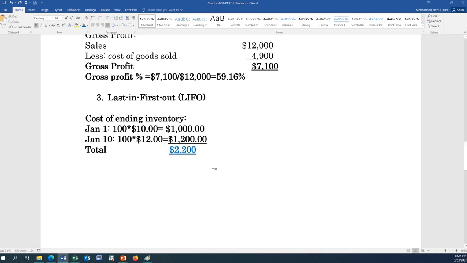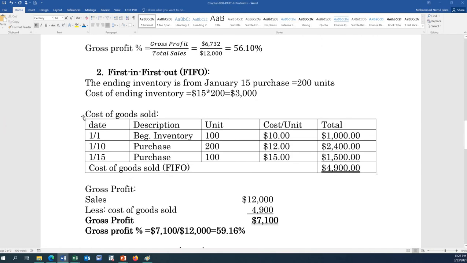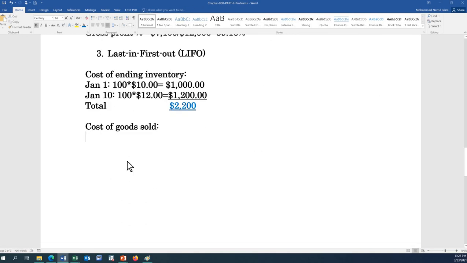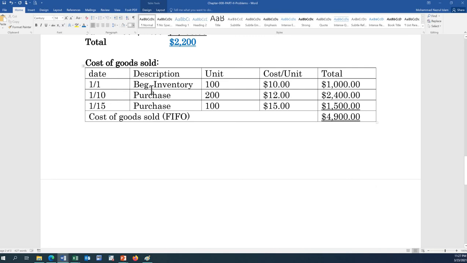And now, what is the cost of goods sold? This is the last in first out method. Let me just copy this one, so rather than creating a new table, I'm just deleting all of them.